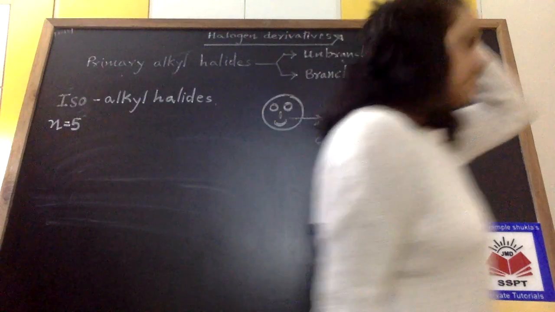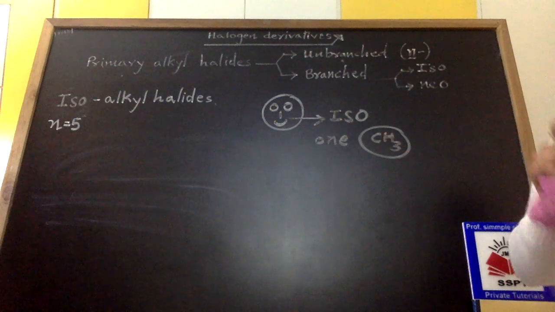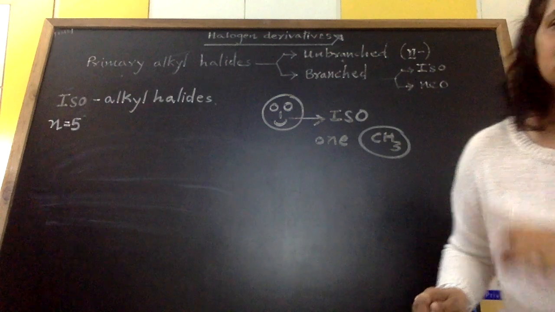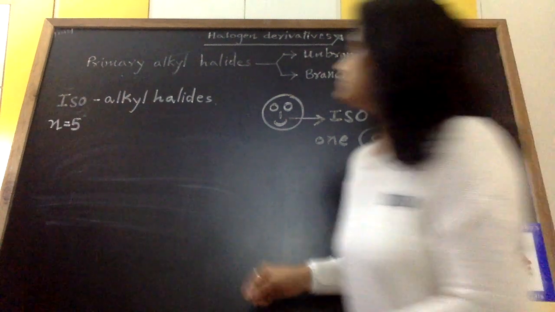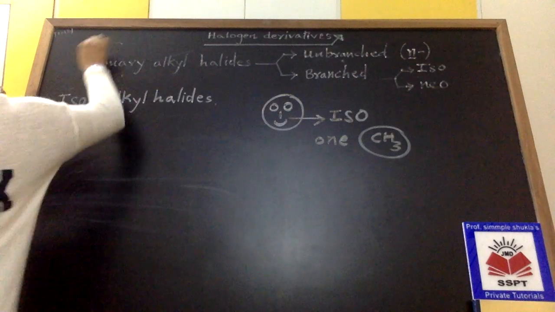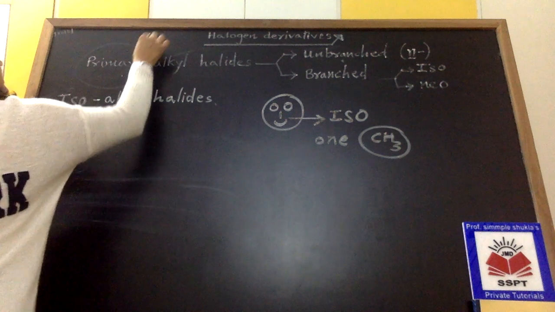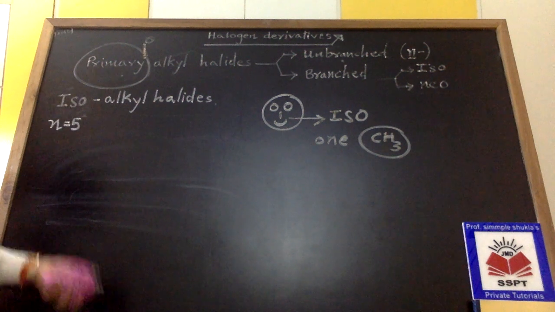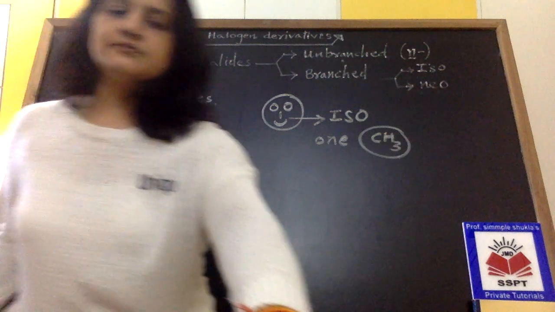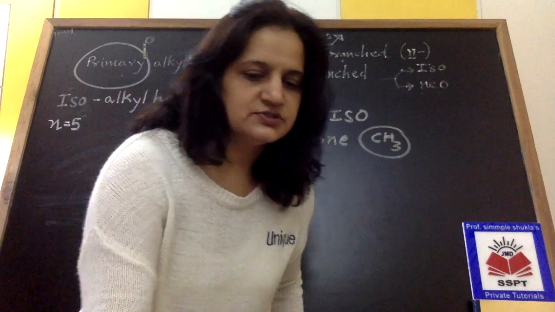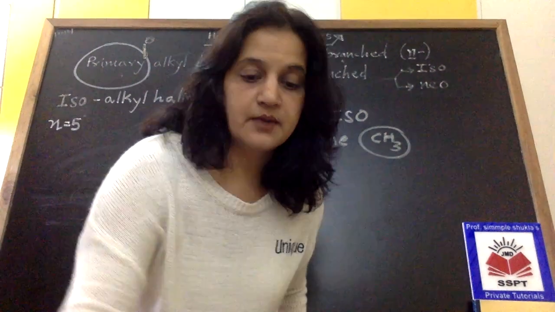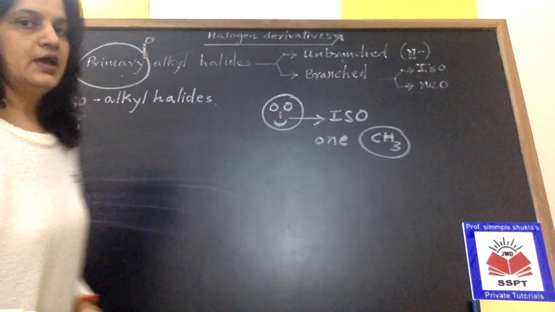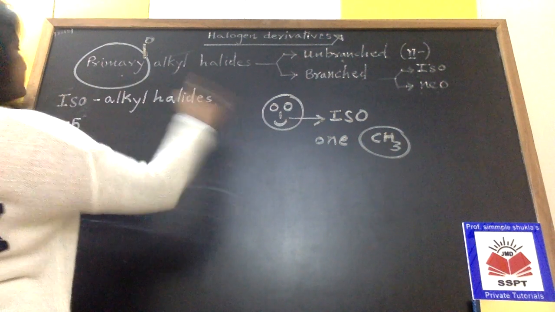Once again I am repeating. And where is the functional group? On the primary carbon. Because primary alkyl halides are those alkyl halides in which the halogen atom is attached to a primary carbon atom. Okay? Remember this firmly.